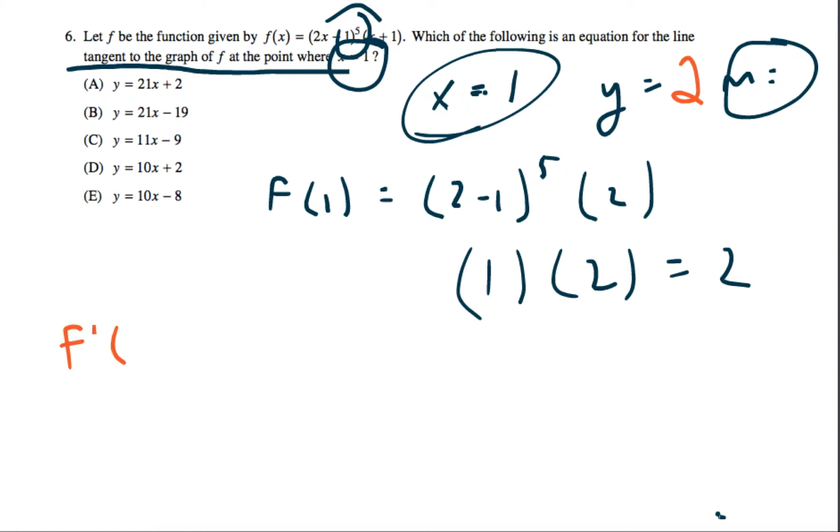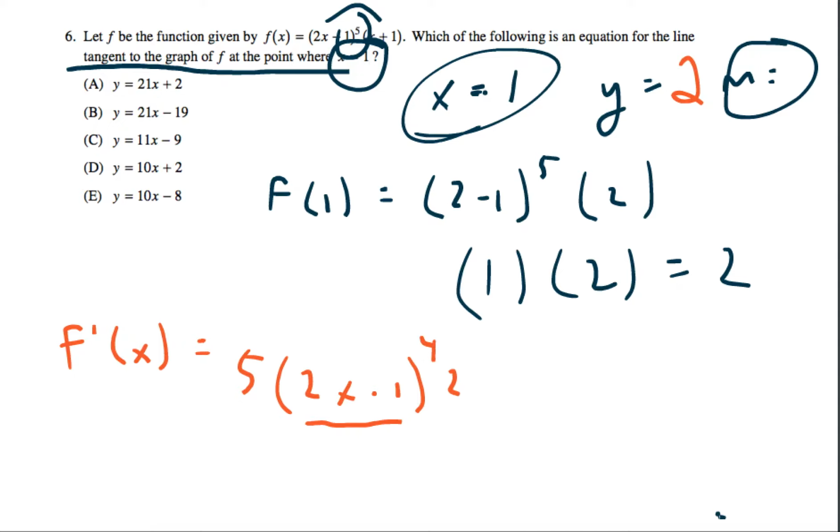Okay, f prime is trickier. We've got a product rule. We've got to take the derivative of the first times the second plus the derivative of the second times the first. So let's go ahead and do that. The derivative of the first, though, is a chain. So we're going to have that 5 come down times 2x minus 1 times the derivative of this. Well, the derivative of that, though, is just 2. You can go ahead and make that 10 if you wanted to right off the bat if you saw that.